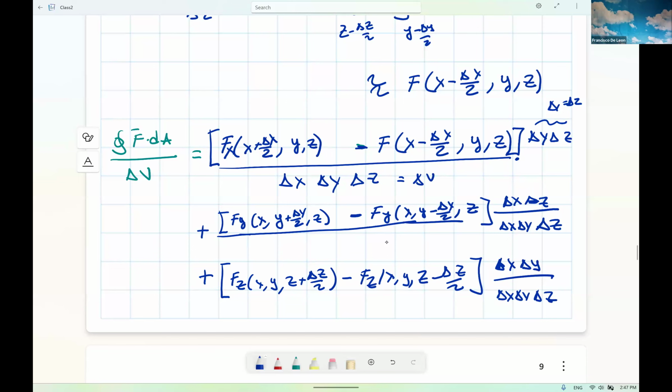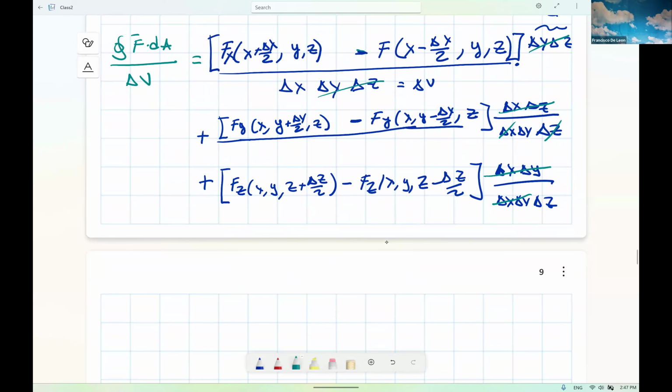Now, I can eliminate a lot of things. I can eliminate these two with these two, these two with that, and that with these two. And then I am going to take the limit.